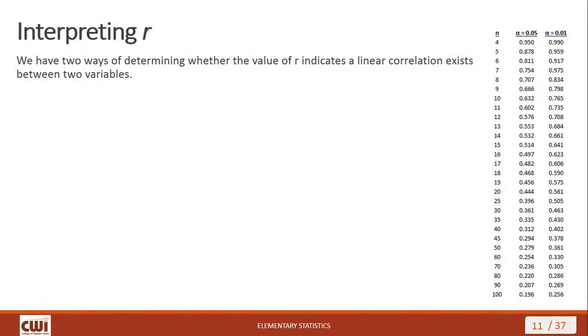First, let's look at how we actually interpret our value for r. So we have two ways to determine whether our linear correlation coefficient is indicating a linear correlation between two variables. First, we can use the table that you see on the right side of the screen. This is the same table that's in the insert for your textbook. I believe it's labeled table A6.